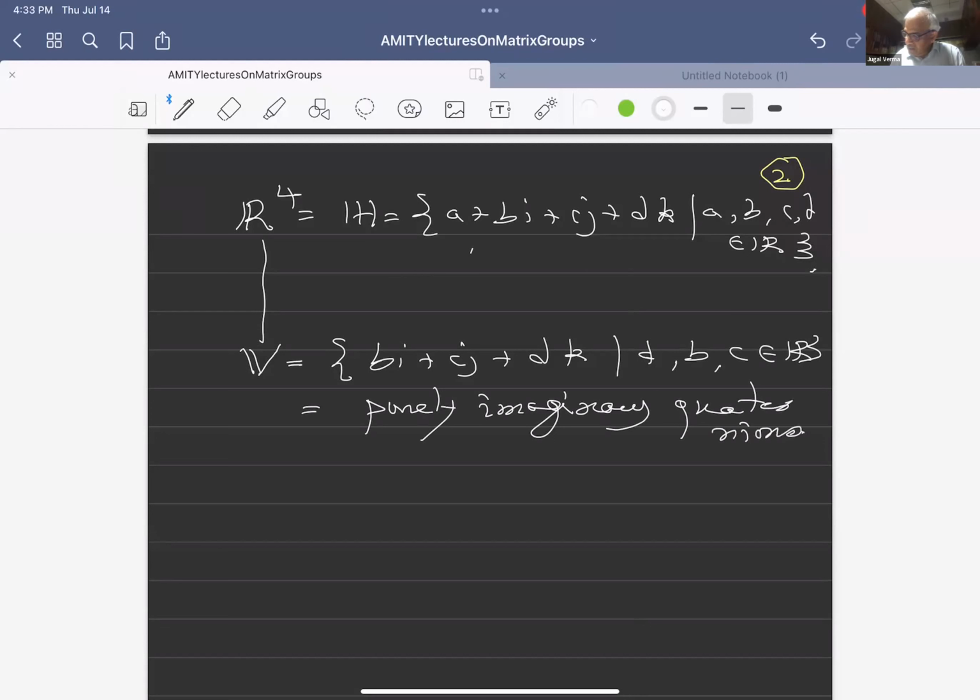It is the linear span of the 3 linearly independent vectors i, j, k, and therefore V as a vector space is isomorphic to R3.